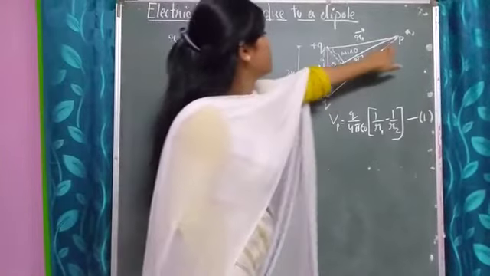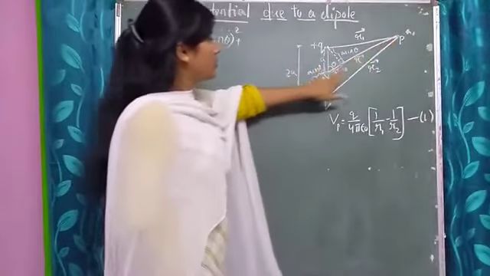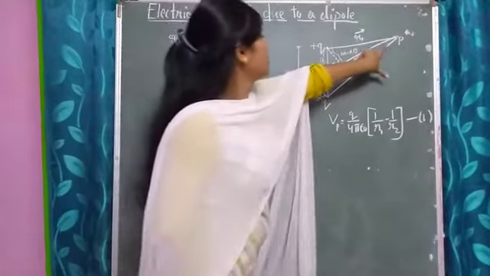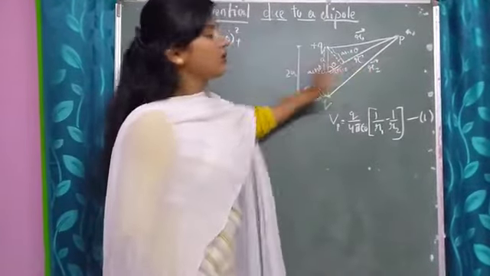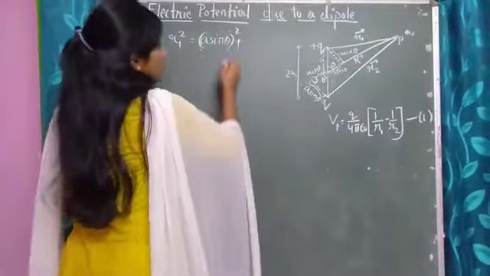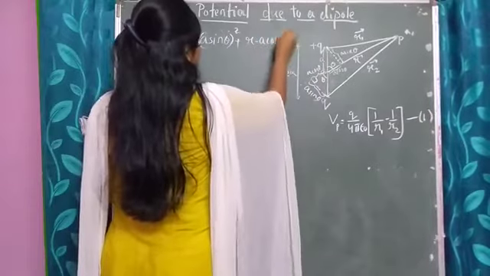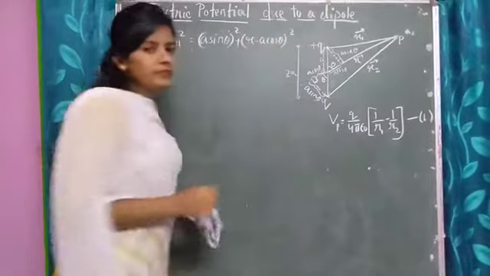This base will be, since the total value is r and this much value is a cos theta, r minus a cos theta. So I will write (r minus a cos theta) whole square.